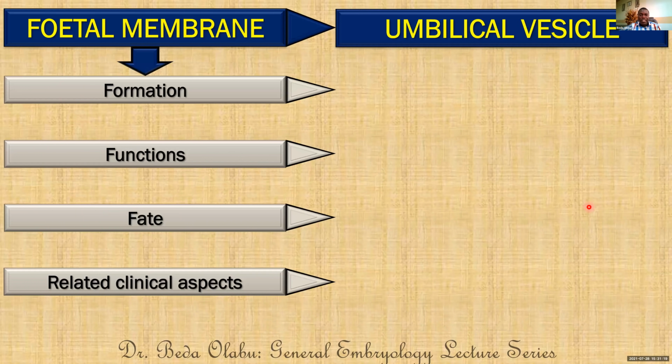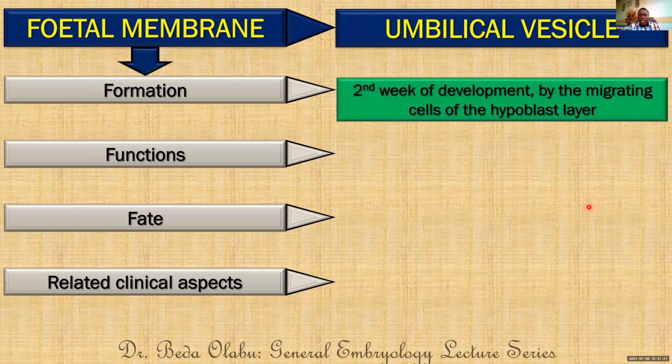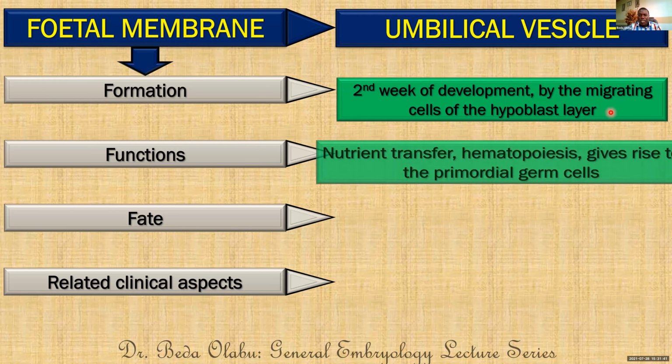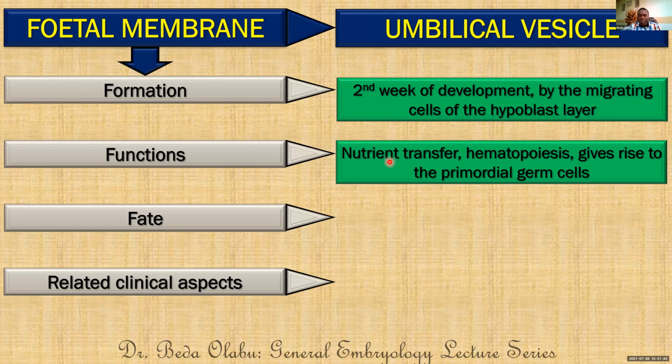Now we can make a summary of what we've said about the yolk sac. We have indicated that the yolk sac forms during the 2nd week of embryonic development, and it is formed by the cells of the hypoblast migrating away from the hypoblast. In terms of functions, the yolk sac is important for transfer of nutrients.